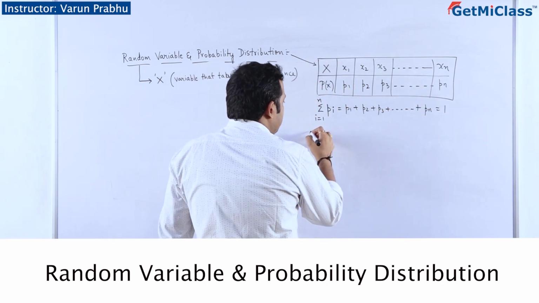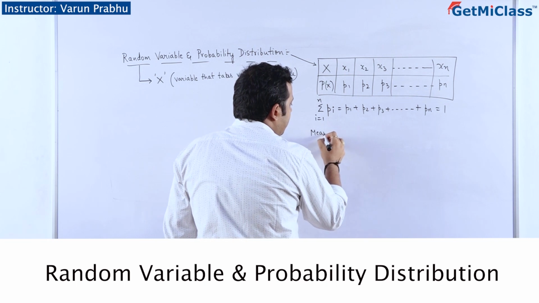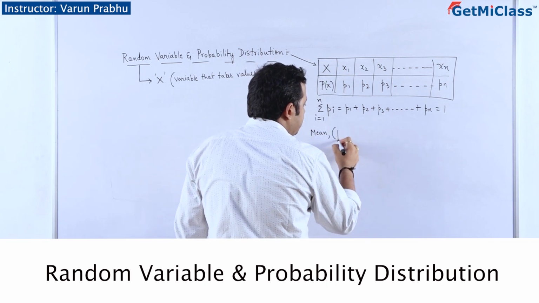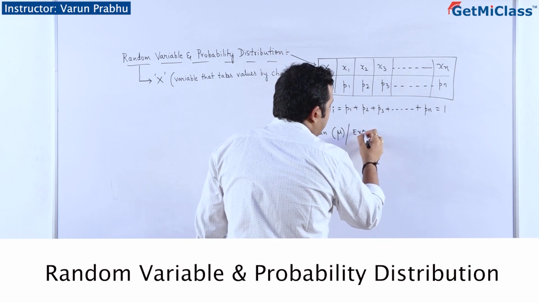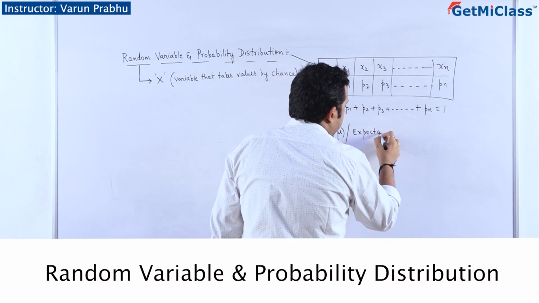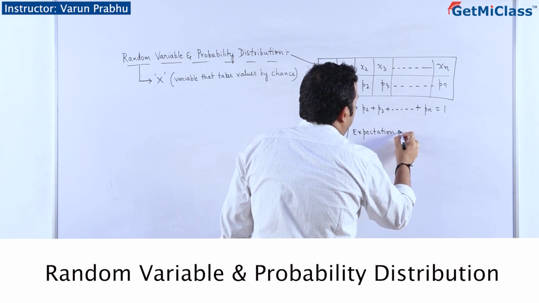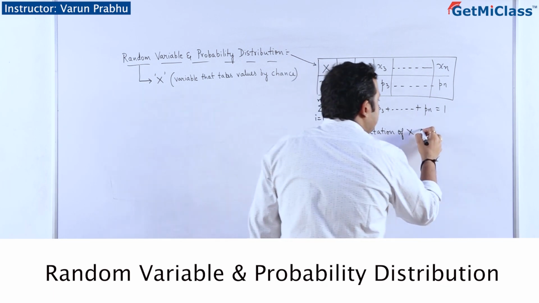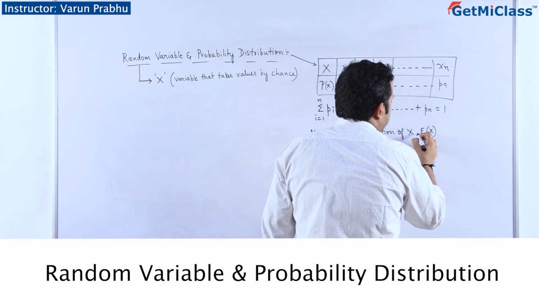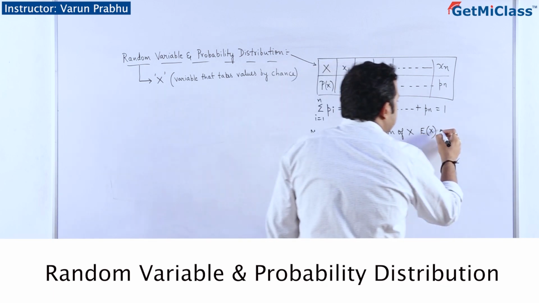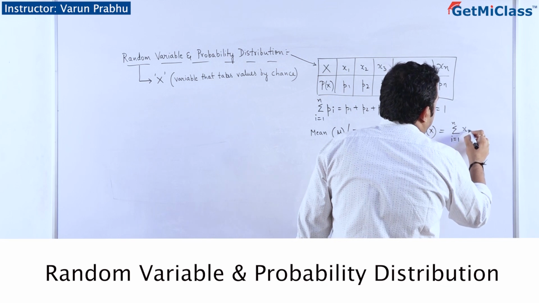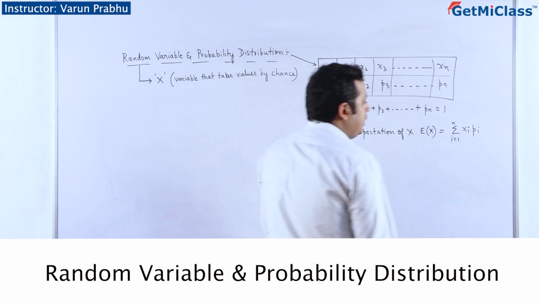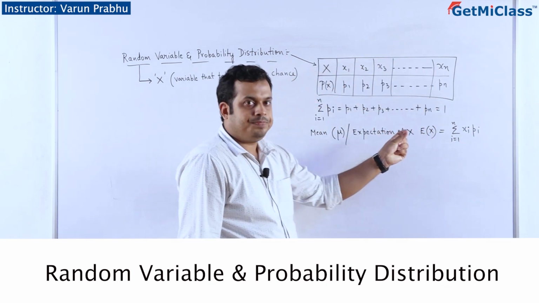Is it okay? And the mean of the random variable, denoted by mu, is also called the expectation value of X or expectation of the random variable X, denoted by E of X, which is nothing but sigma i equal to 1 to n of xi into pi, which means you multiply and add.